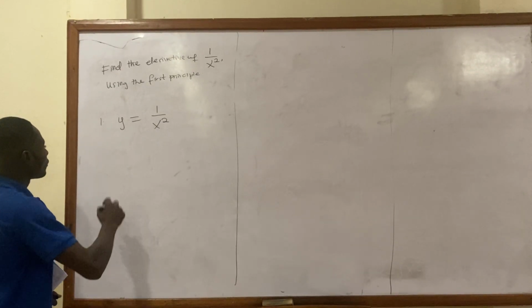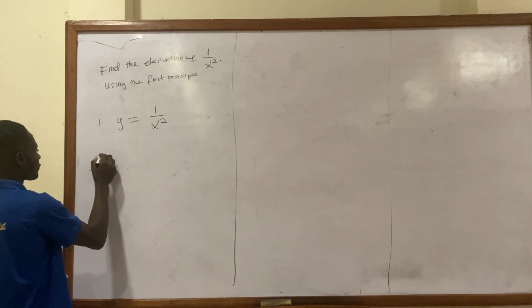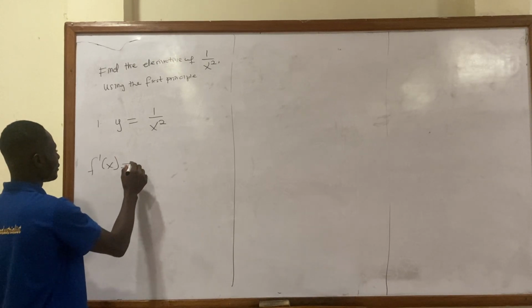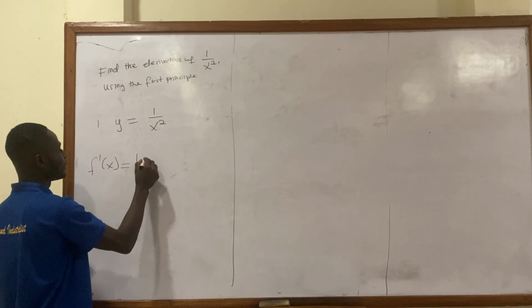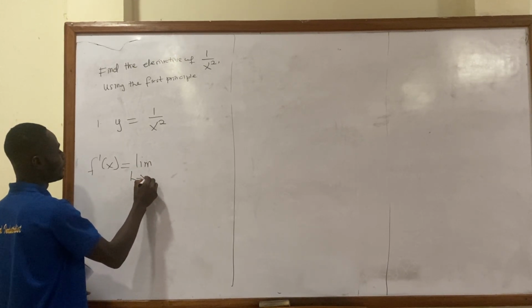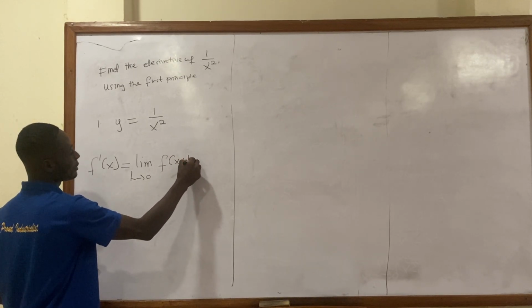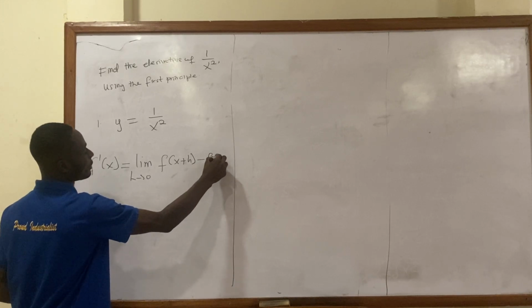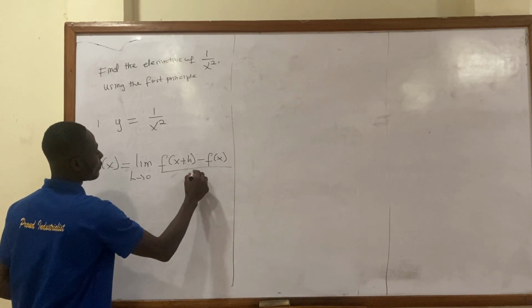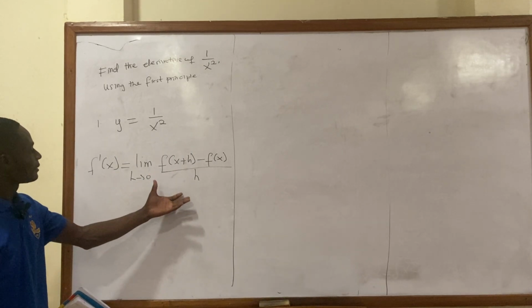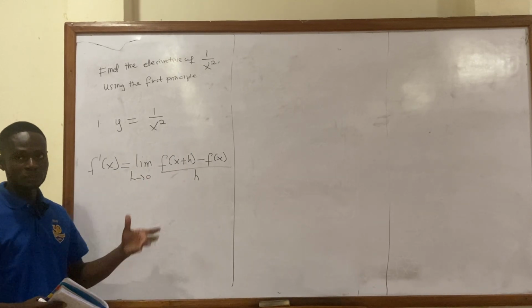So the first principle, this is the formula: the limit as h approaches 0 of f of x plus h minus f of x, over h. So that is the rule for the first principle.